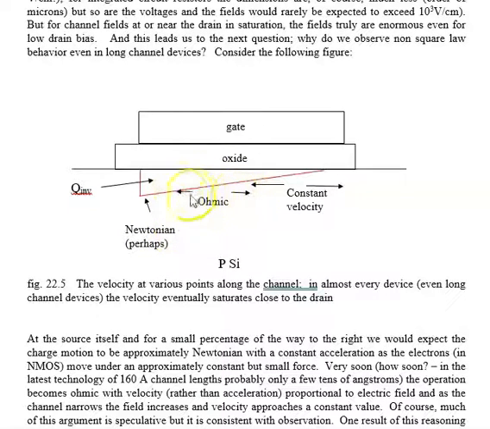Much of the channel is ohmic, where the velocity is proportional to electric field. And then we have a region where the electric field is so high, the Q inversion is so small, that we have velocity saturation. So that's kind of summed up in this picture here.